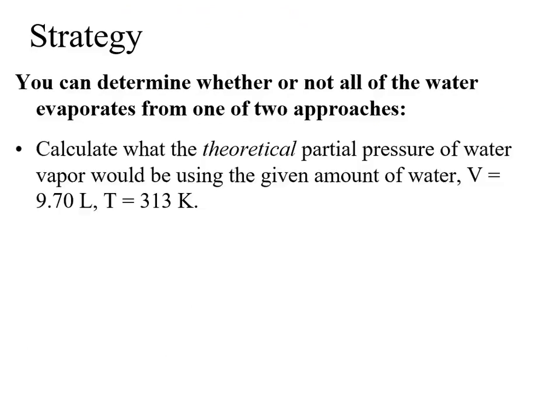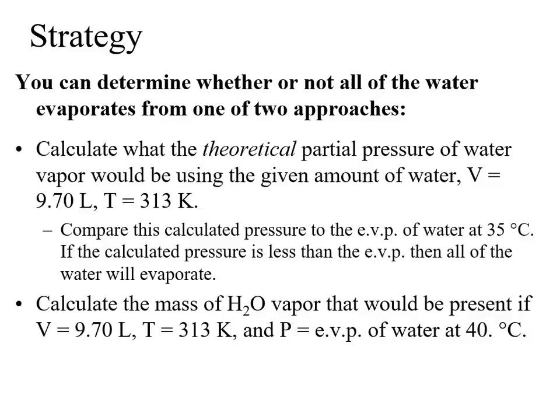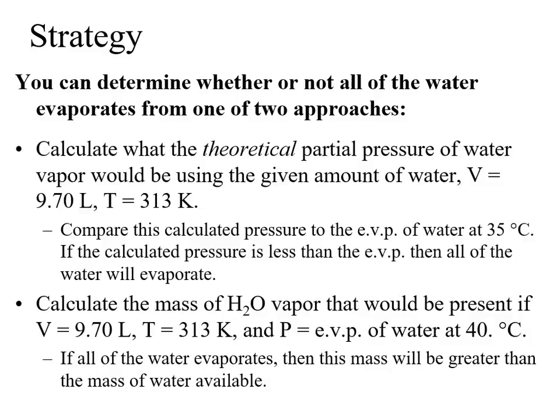Options are good. Okay, so this slide is identical to the slide before with our potential strategies. The first one doesn't make as much sense as the second one. Down here, this is what we're going to do. We're going to calculate the mass of water that would be contained if I have this at its equilibrium vapor pressure, that volume, that temperature.